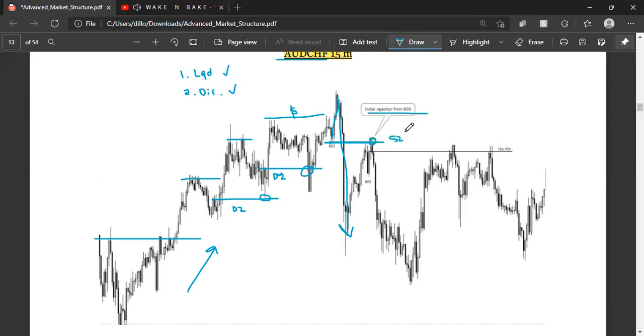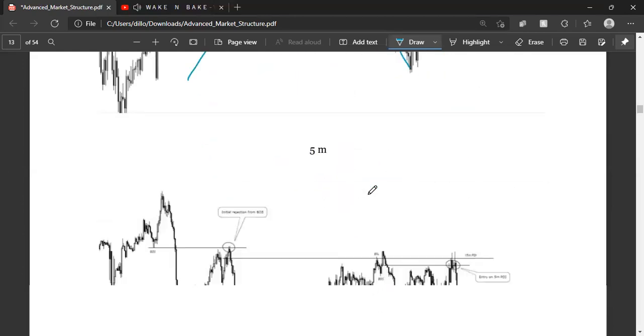Here is our initial rejection from that break of structure, and from this rejection we get another minor break of structure. You see this long down move. After that, we could go to the lower time frames and watch this retracement back up into this 15-minute point of interest.